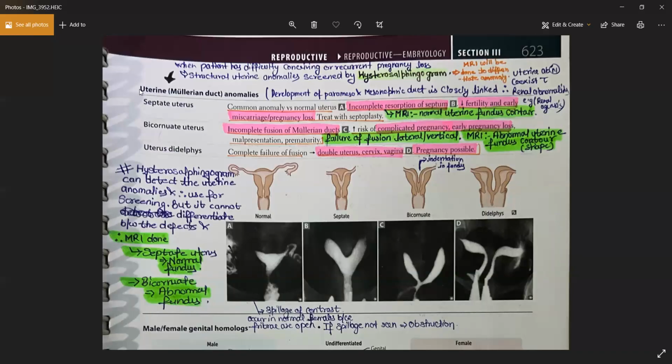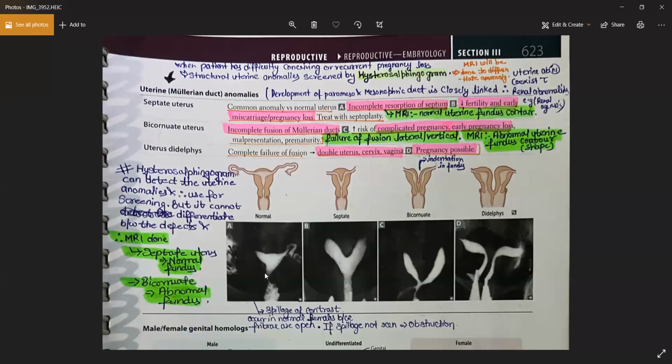Now, in order to diagnose this condition, you need to do the hysterosalpingogram, where you inject a dye in the vagina and then visualize this dye with the help of X-ray.